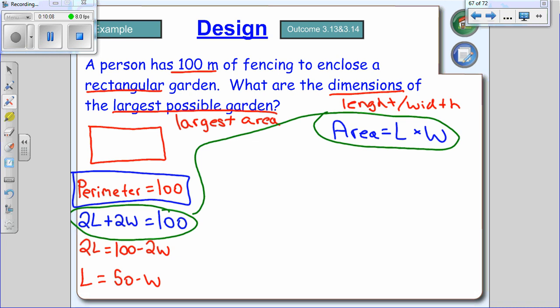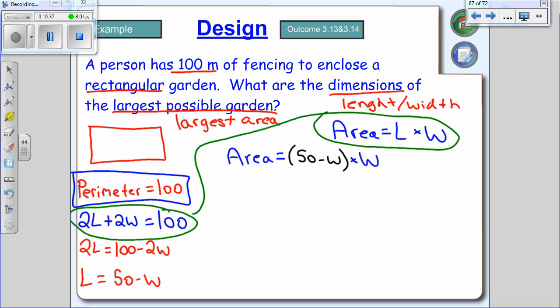We can substitute that into our area formula. So now we have area equals your length, 50 minus w, times the width.